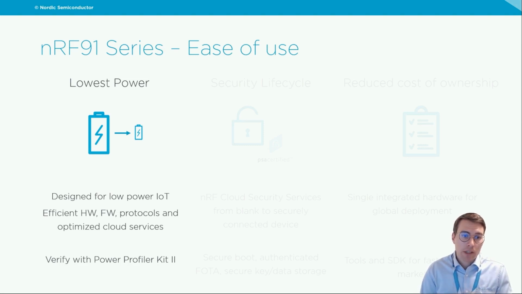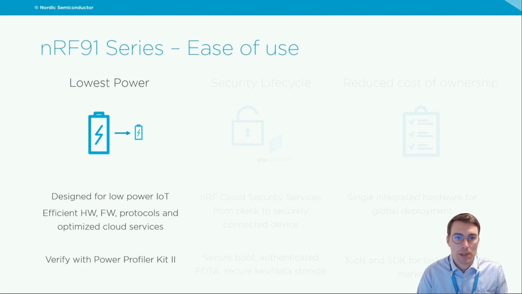We have efficient hardware, firmware, and also protocols, as well as optimized cloud services to help customers get the lowest possible power and longest battery life, which means you can have smaller batteries or save more cost on the battery size.